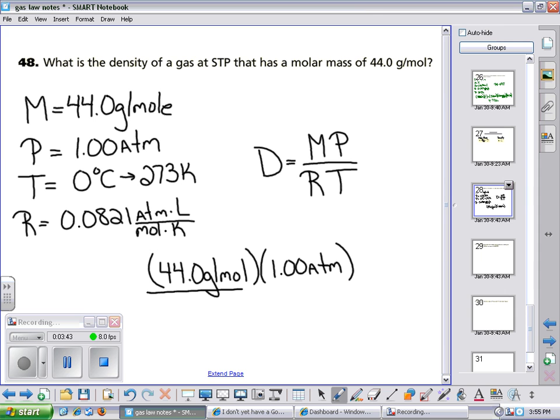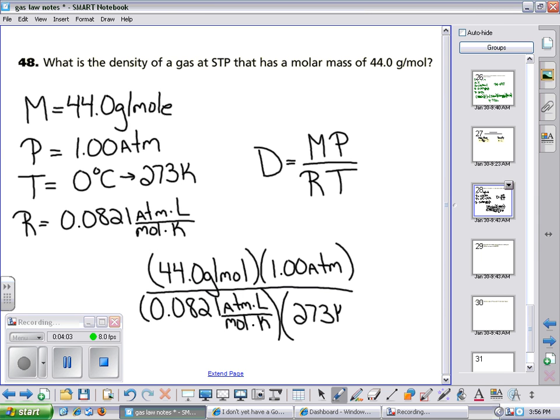I'm going to divide those by the R value, and I have to use 0.0821 because I used 1 atmosphere. And I'm going to multiply that by the temperature. Standard temperature is 273 Kelvin. So all of this is going to allow me to solve for the density.